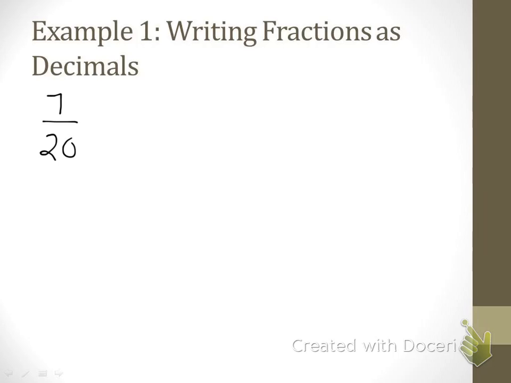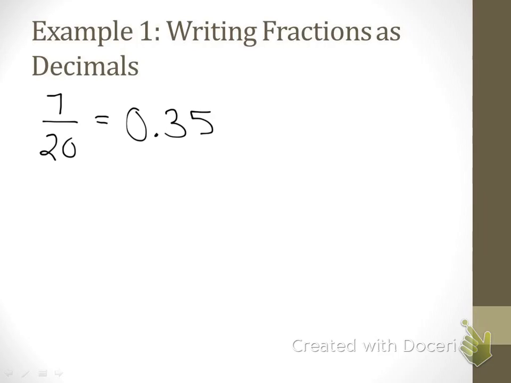Now, if you don't have that function on your calculator, say you have a basic calculator like the one I'm holding up, we are going to divide the top number by the bottom number. So in our calculators, 7 divided by 20. Use your division sign. And what do you get?